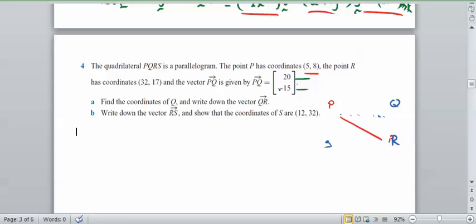We go across 20 and down 15. So how can Q be there? There you go. So Q's here, is it? Is Q there? Where's R? 32 and 17. Coordinate P has 5, 8.